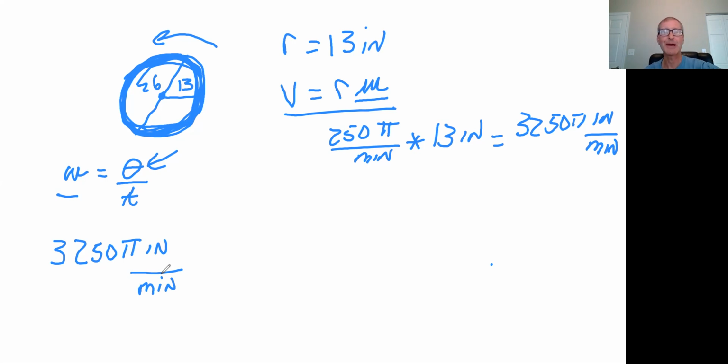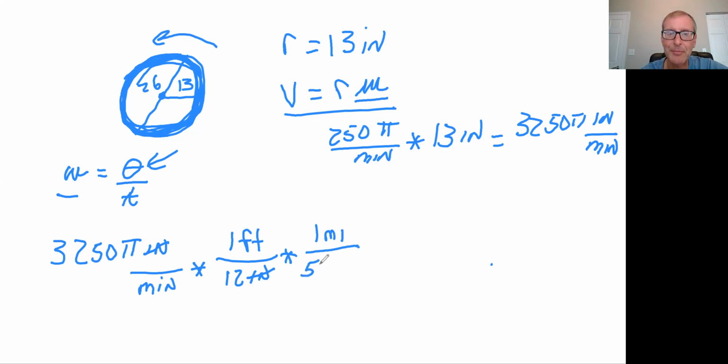But for some reason, I remember that there are 12 inches in 1 foot. So you see how I wrote the ratio, where because I put inches on the bottom, these inches cancel. And then I remember that there are 5,280 feet in a mile. So again, we want the feet to cancel out. So since feet's on the top, I'm going to put this factor of feet in the bottom down here. So you can see feet cancels here and feet cancels here.